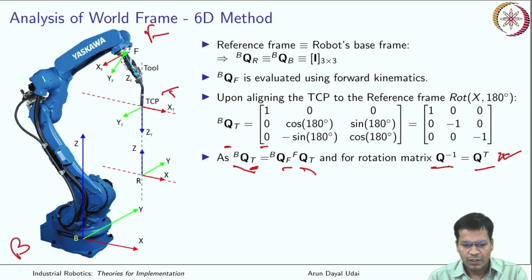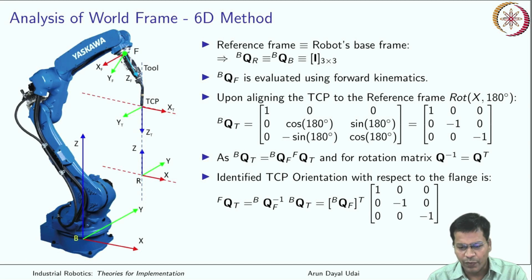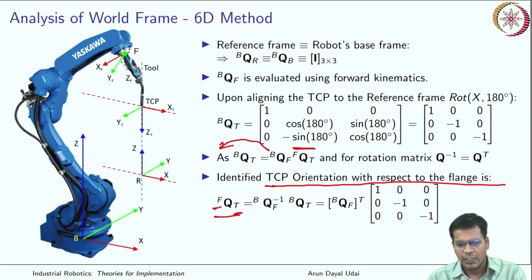Moving ahead, the identified TCP orientation with respect to the flange will now be, if you say flange to the tool, you just bring this one to this side taking the inverse, and you are remaining with flange to the tool. So it becomes this.